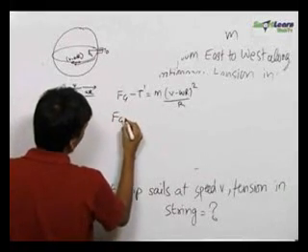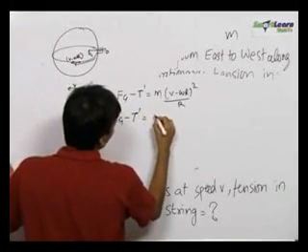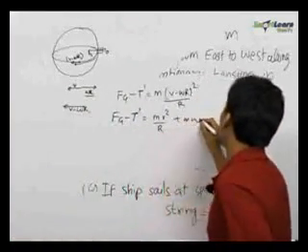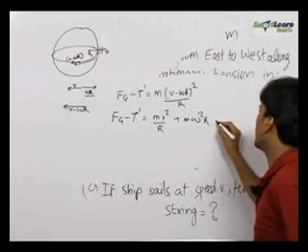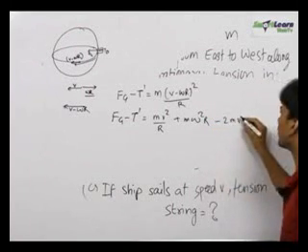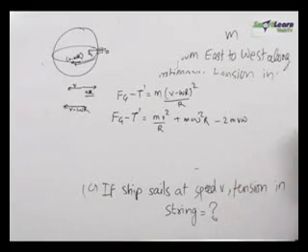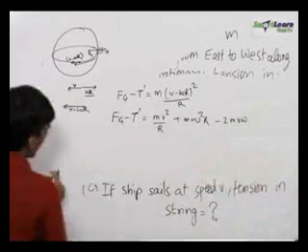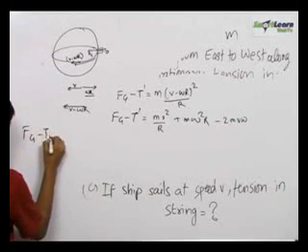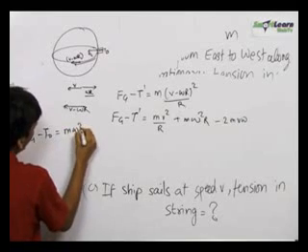Let us expand this. Fg minus T dash is equal to mv square by r plus m omega square r minus 2m v omega.